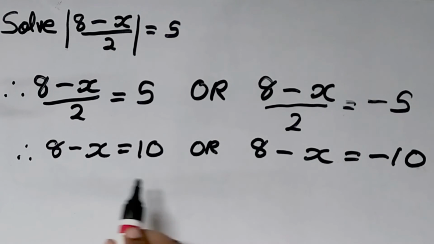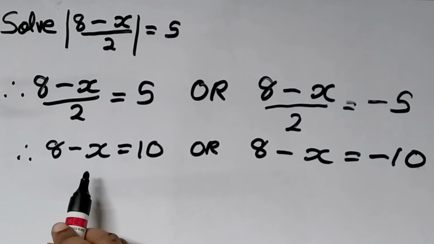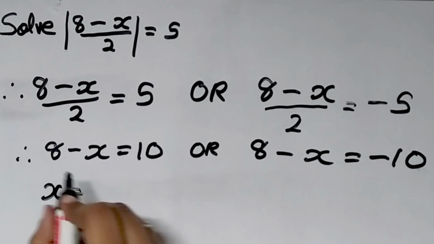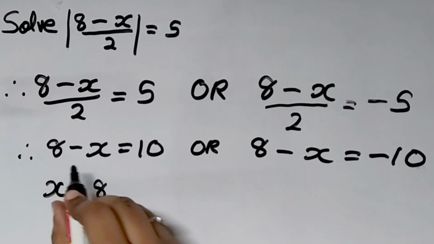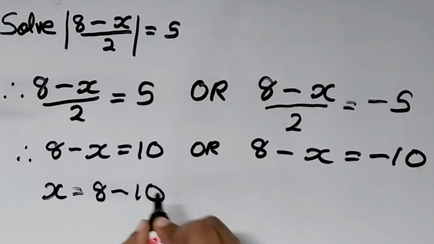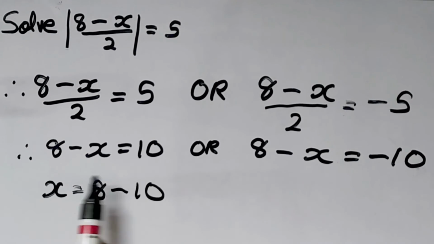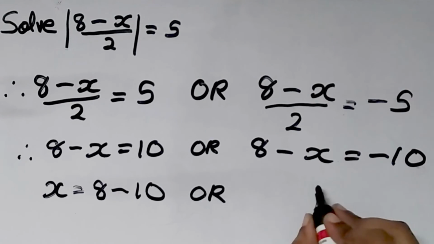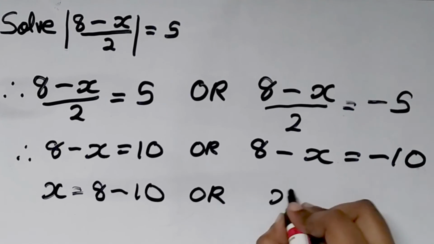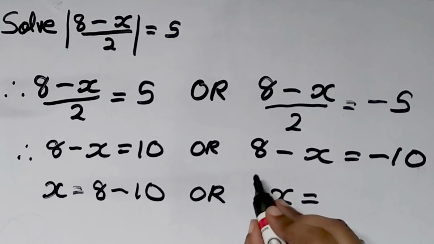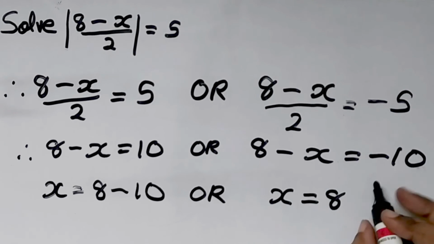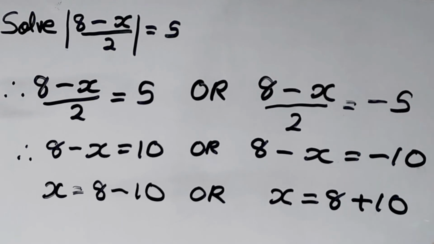Now if we rearrange the terms, we take x to the other side, so x = 8 - 10, or x = 8 + 10.